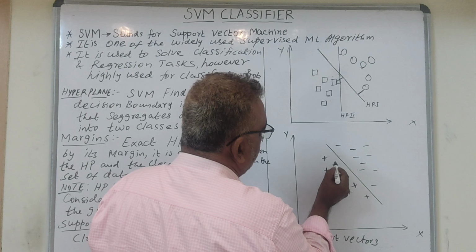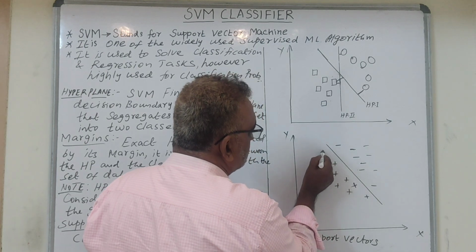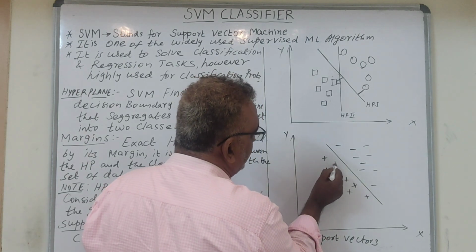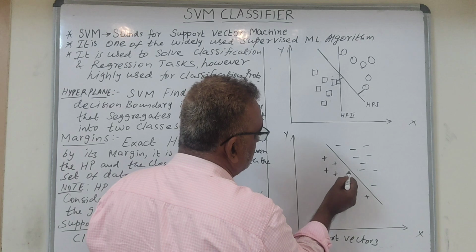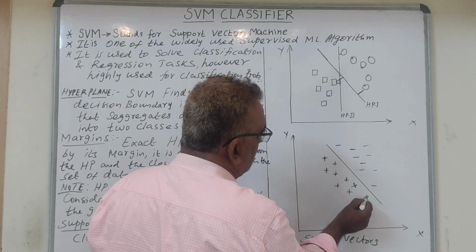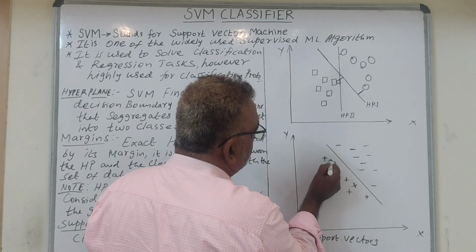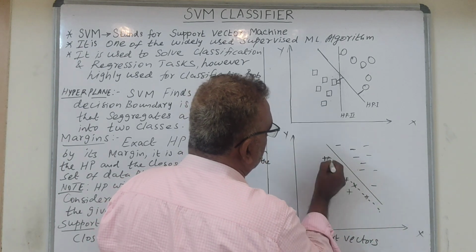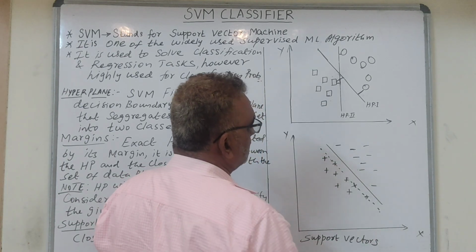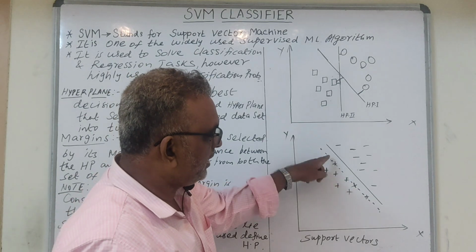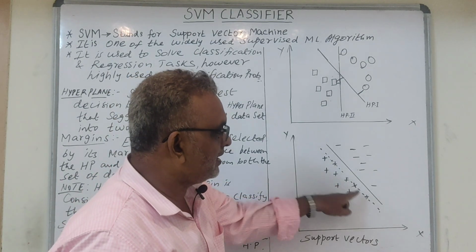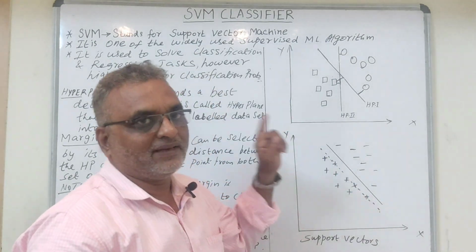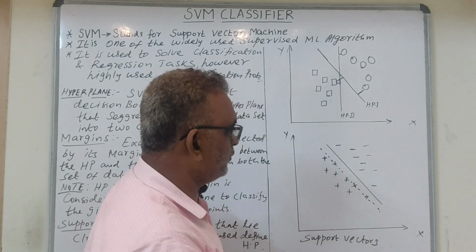If we connect all these closest points, for example, this is one point, another point, another point. If you connect these 3 points, these points are nothing but the support vectors.